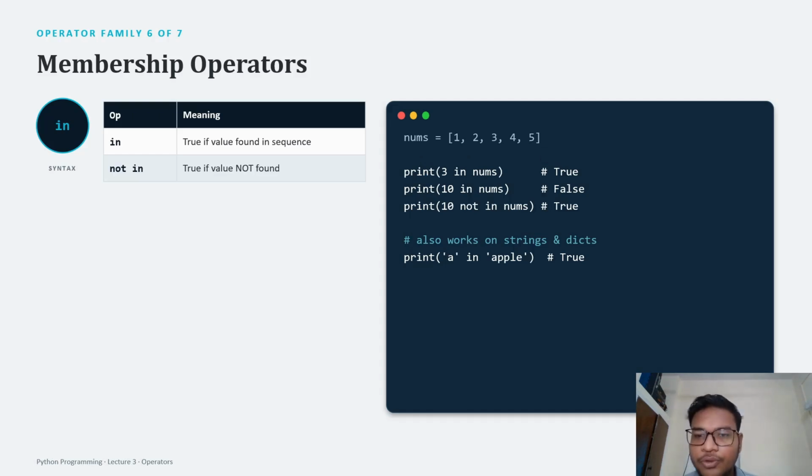So if we have to find, like, print 3 in nums, three is inside nums, so the value is true. Print 10 in nums: 10 is not inside nums, so the value is false. And print 10 not in nums: 10 is not in nums, so the value is true. Print 'a' in 'apple' is also true. So this is all about the membership operator.